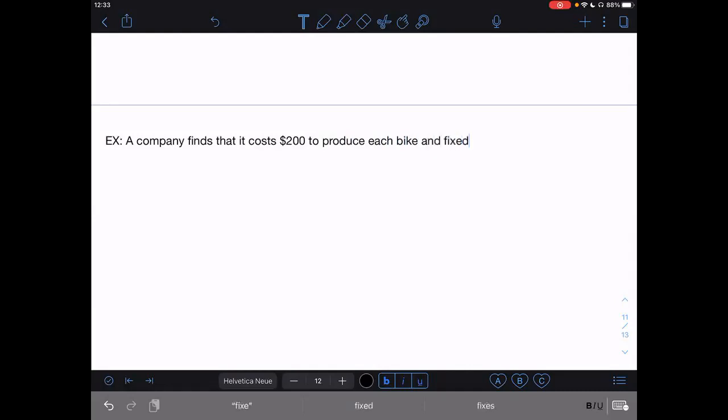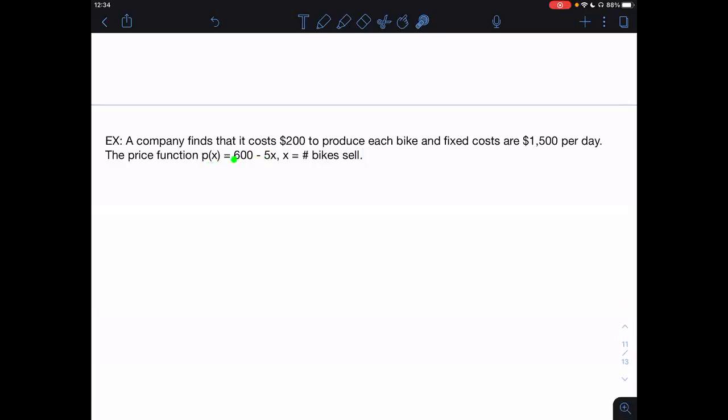And suppose the fixed costs for making these bikes are $1,500 per day. And suppose the price function for this company, the price that they're willing to sell these bikes at, is defined as p of x equals 600 minus 5x, where x equals the number of bikes they want to sell. So our price function is given to us directly as 600 minus 5x.